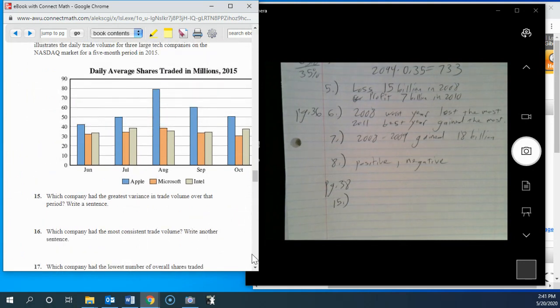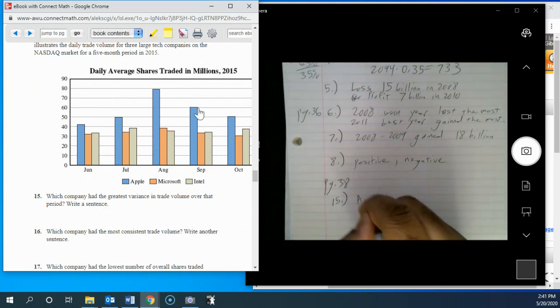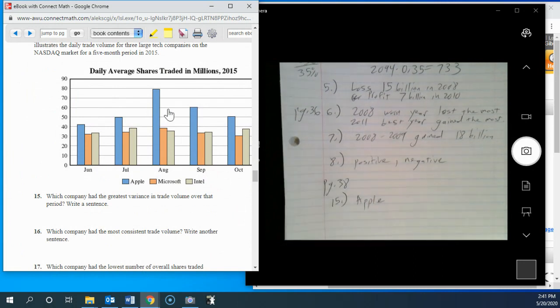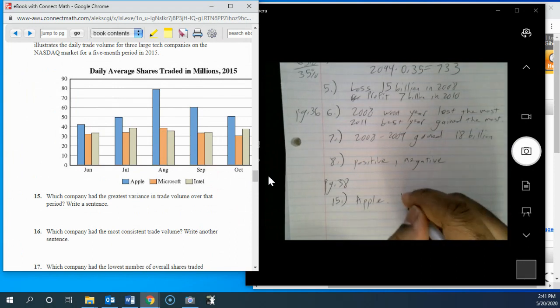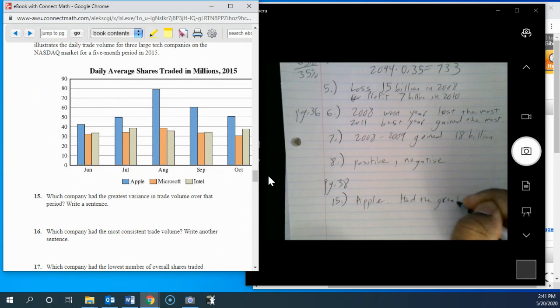Okay, the company that had the greatest trade variance was Apple. And if you look here, Apple, it was going up and went down. It was very inconsistent as far as how much it was jumping around. All the rest of them were very close to each other. So what you could say is Apple had the greatest gains and losses.